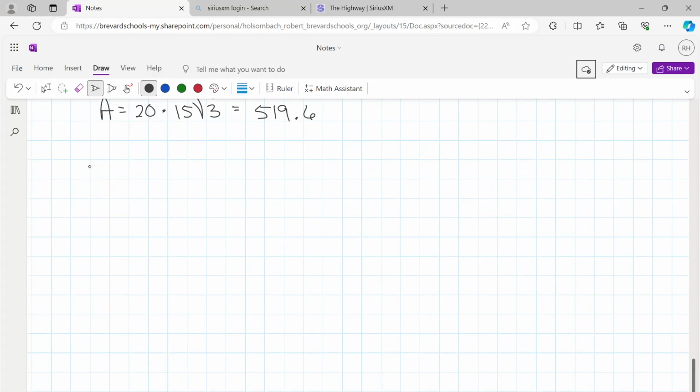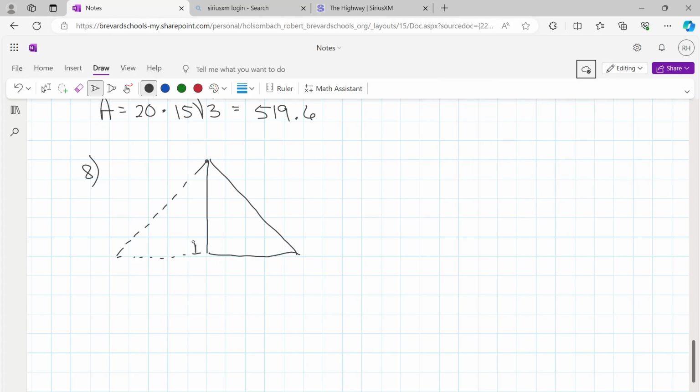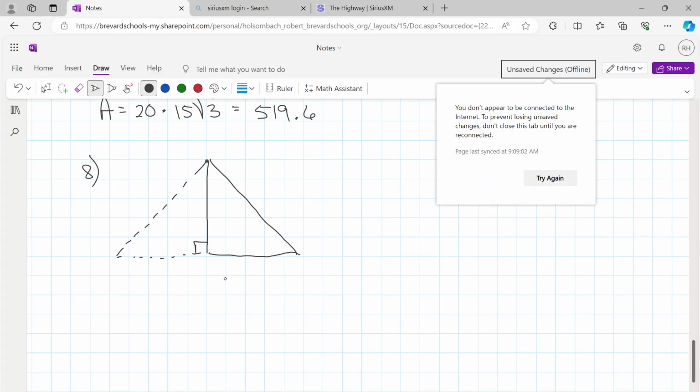Problem number 8. Let's see. All right, in problem number 8, this vertical piece is 17.